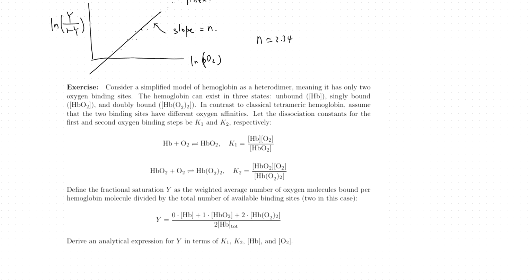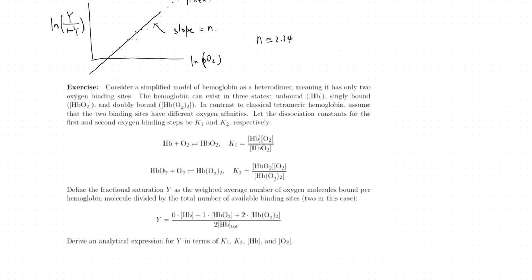Then divide by the total available binding sites, so the total hemoglobin concentration, and you need to figure out how to express this Hb total. Because each has 2 binding sites, in the denominator that's the total available oxygen you can bind. That gives you the weighted average that represents the fractional saturation number.